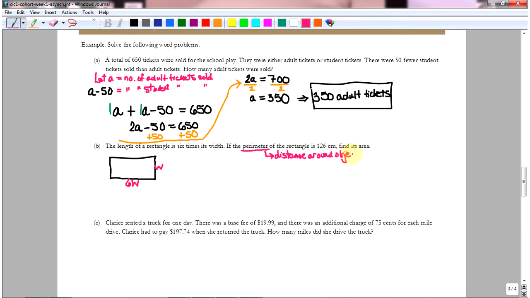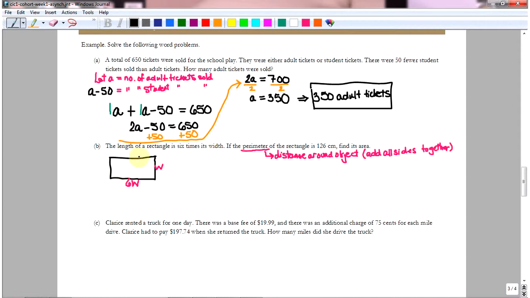So to find the distance around our rectangle, all we have to do is add all the sides together. You may remember a formula for the perimeter of a rectangle is 2 times the length plus 2 times the width. If so, that's perfect and you can apply that. But just to keep it general, whenever you think of perimeter, it just means the distance around the object. You want to add all the sides together.